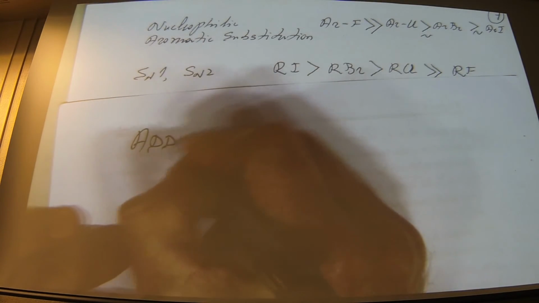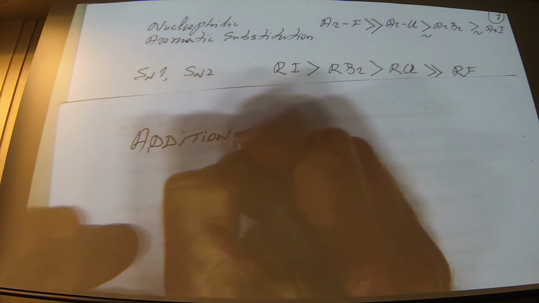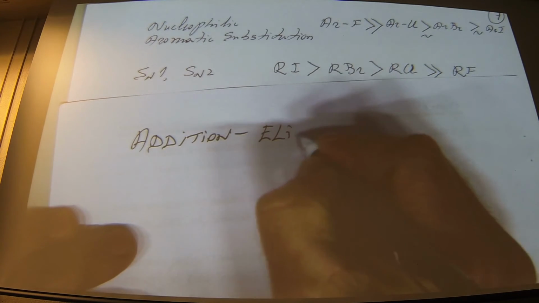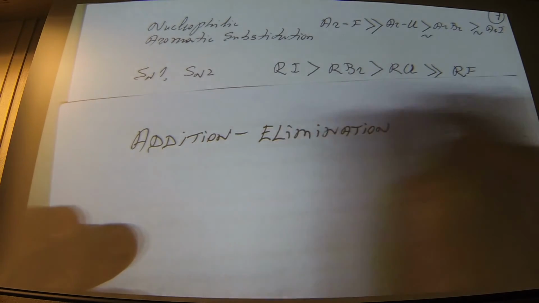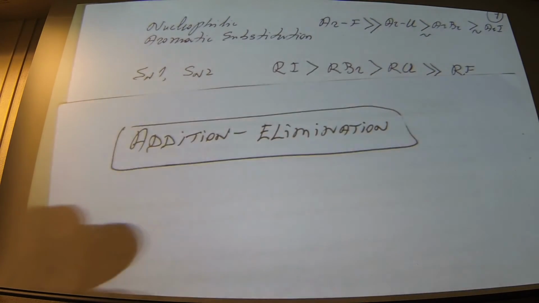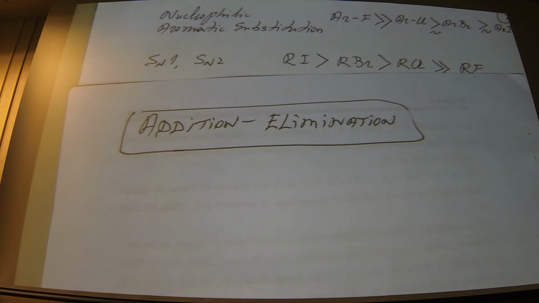The mechanism is called an addition elimination. So, in other words, addition elimination mechanisms are exactly what they sound like. You do the addition of the nucleophile to some substrate, in this case an aromatic halide, and then in a second step, you do the elimination.